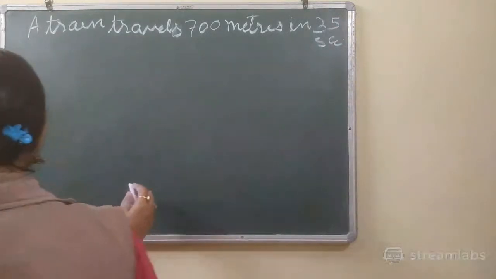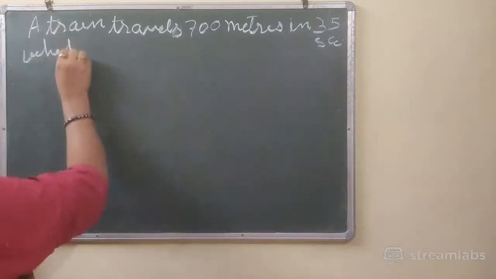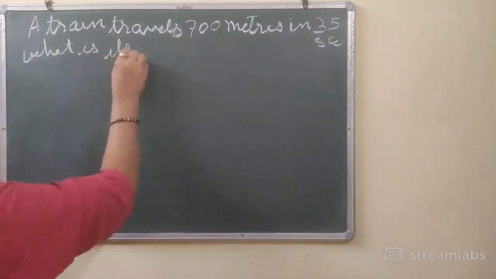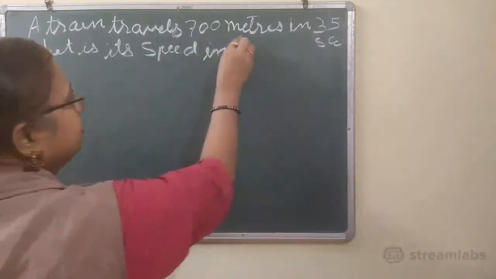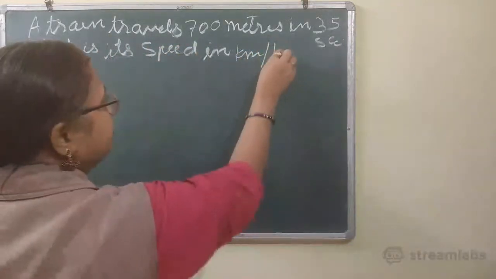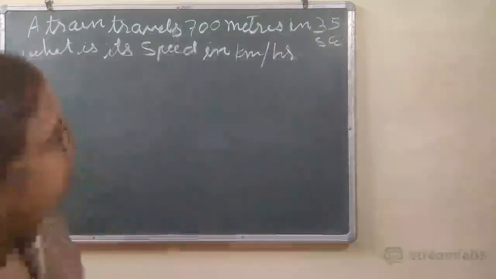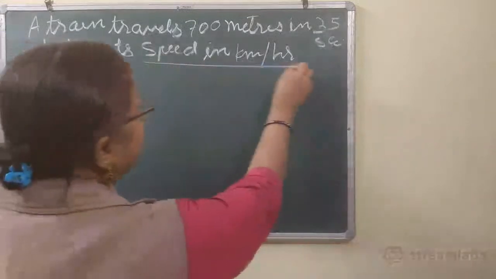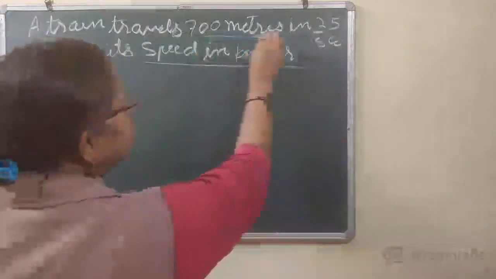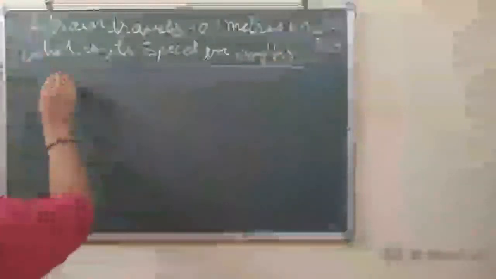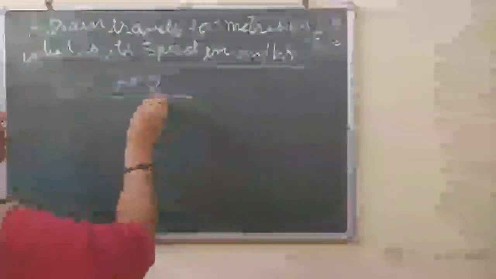What speed in kilometer per hour? We have to find out the speed in what? Kilometer per hour. So first we will find out the speed in meter per second. So speed will be equal to 700 by what?